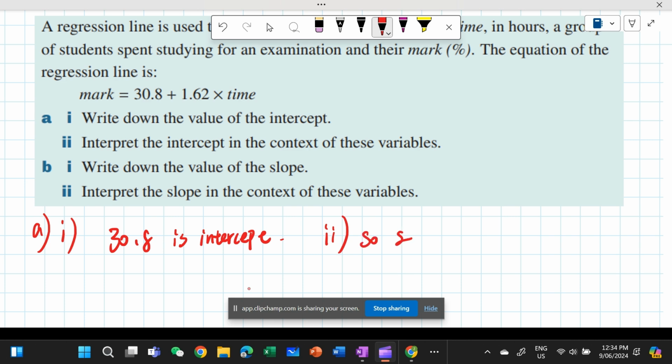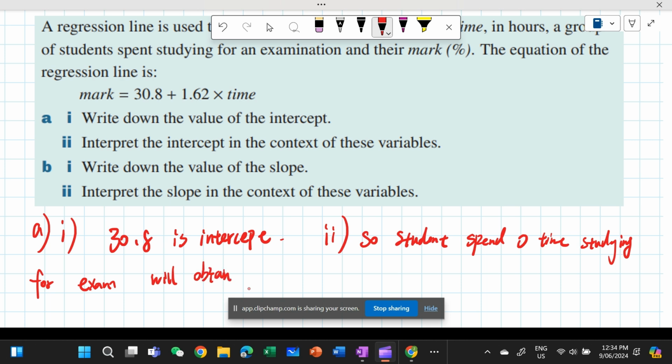So a student who spends zero time studying for the exam will obtain a mark of 30.8.